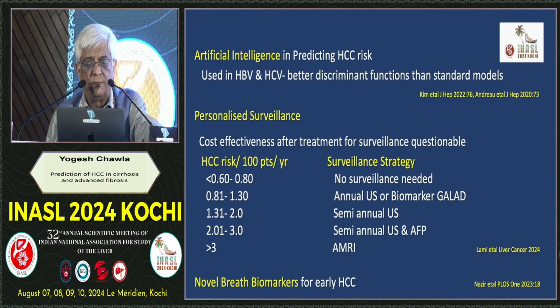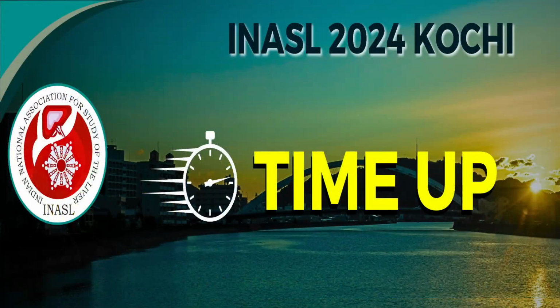But if the HCC incidence is 2 to 3, then semi-annual ultrasound and alpha fetoprotein should be done, and possibly India comes into that region. And if the incidence is more than 3, then abbreviated MRI may have a role. And there is a study which also says that breath biomarkers is helpful in the early detection of HCC.